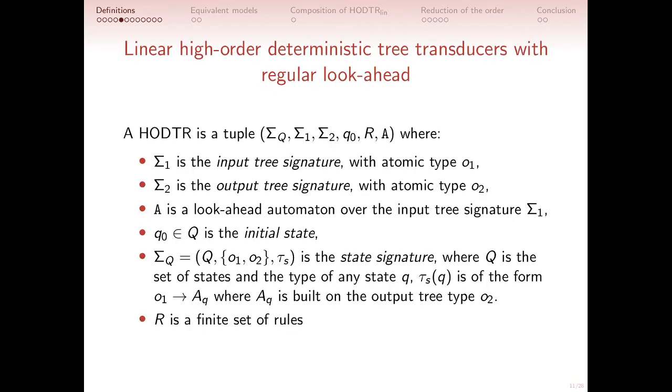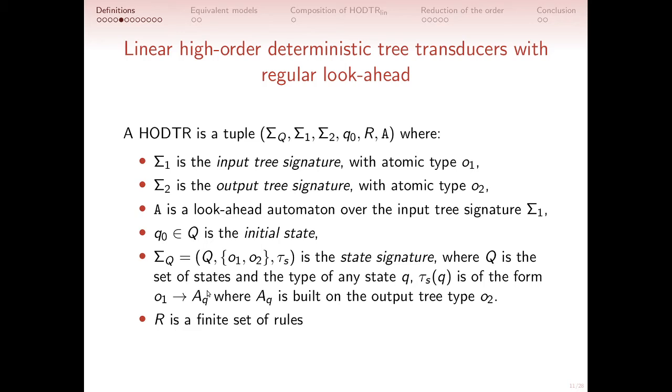The transducer in general has different input tree signature and output tree signature. The state signature is important because this will tell you what the order of the transducer is. The order of the transducer will be the maximum order of one of its states, and the order of states is the order of their output type.